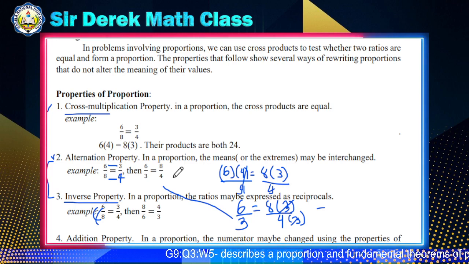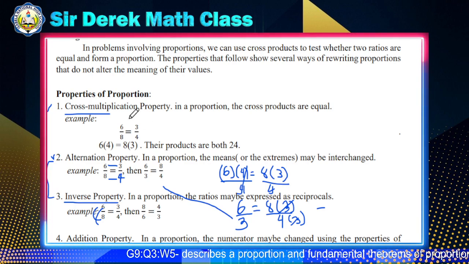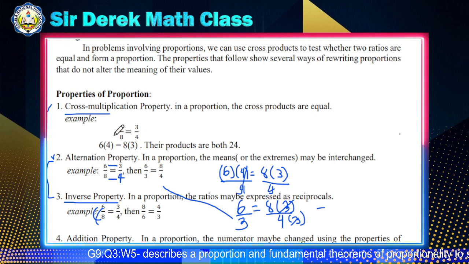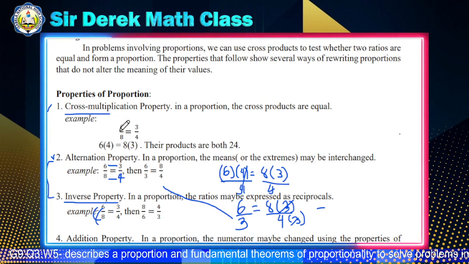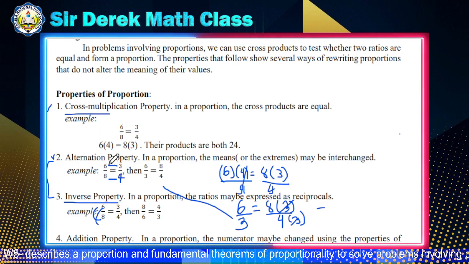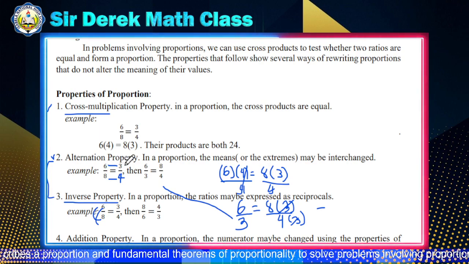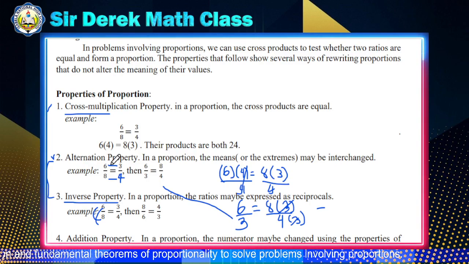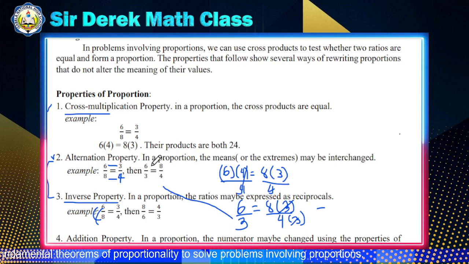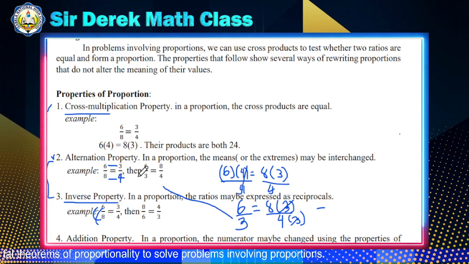So, in alternation property, this is a twist from the cross multiplication property. So, in other words, to make it short, the numerators of each ratio will then form another ratio.